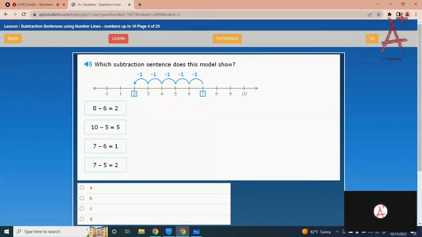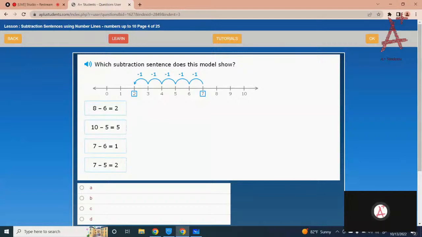Got it? I know you may not like this, but you have to do it. Please try to understand the one I'm explaining. Got it? They would be very easy. You just need to look at the numbers that are written inside the square. See, here you have 7 and here you have 2. Then you just count the back arrows.